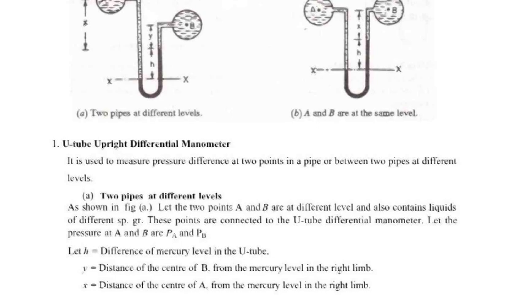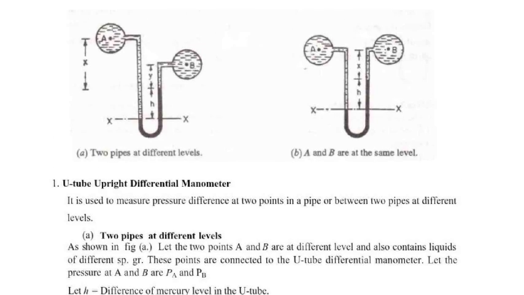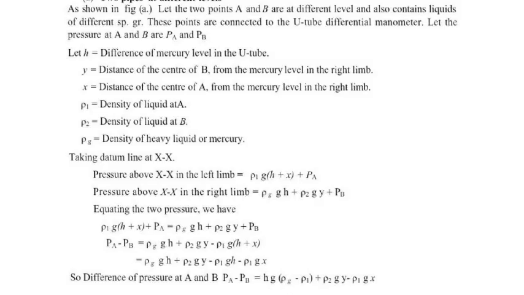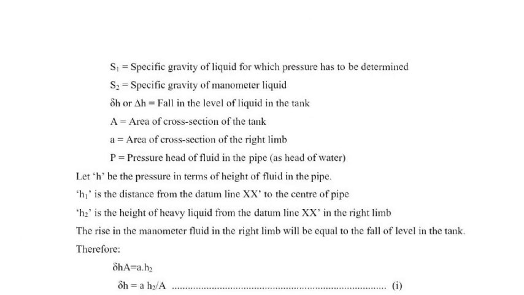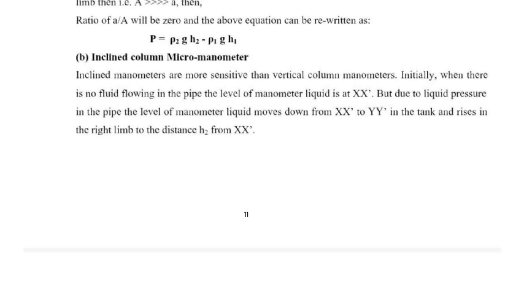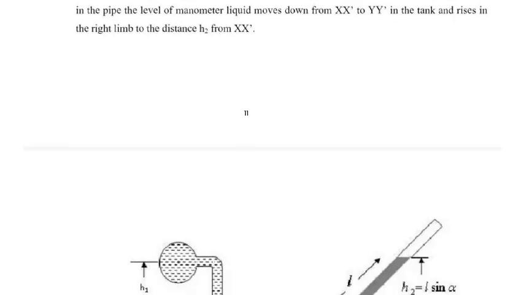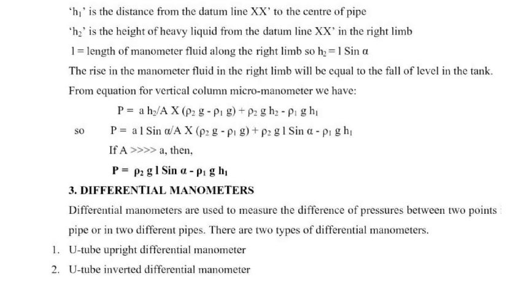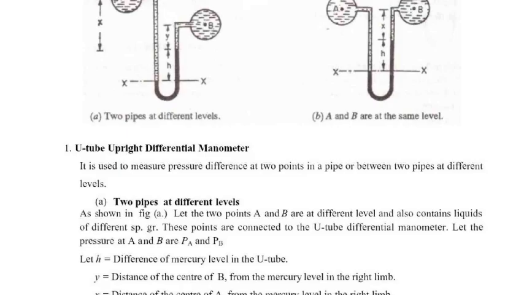So this is the two-pipe U-tube manometer. This is the U-tube upright differential manometer. Not need to do the derivation, only write the type of manometer. The inclined column micro manometer is also the same type of differential manometer.